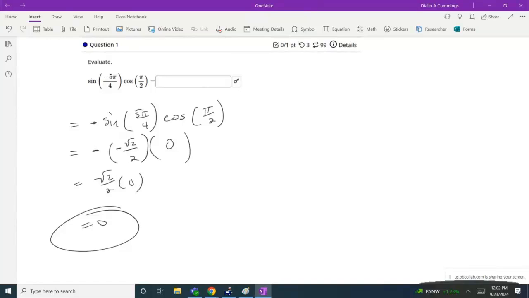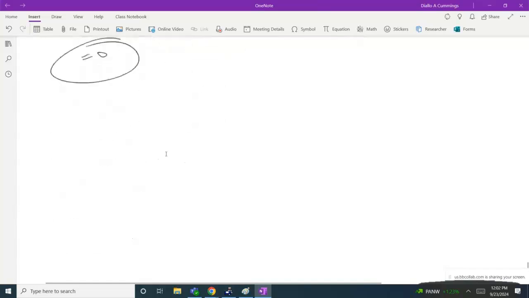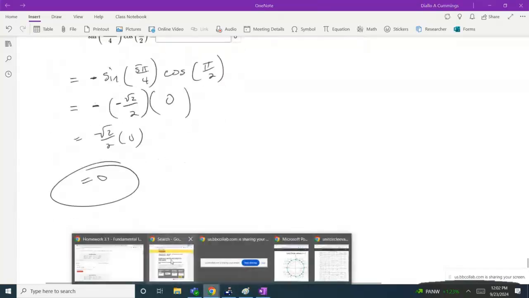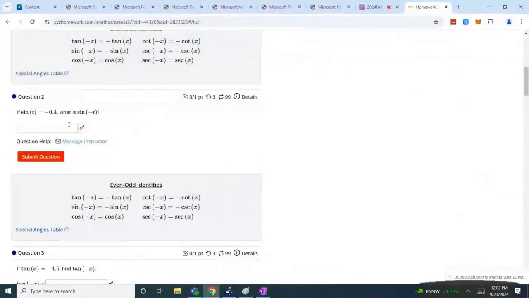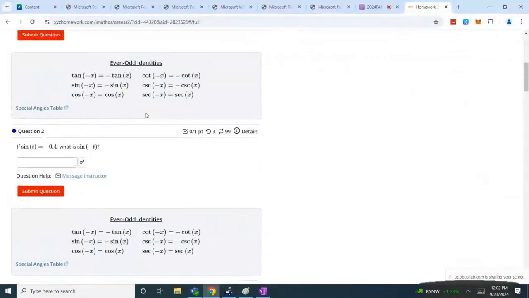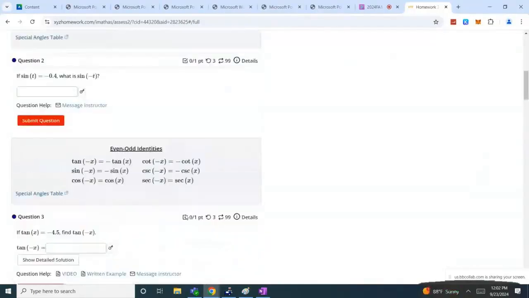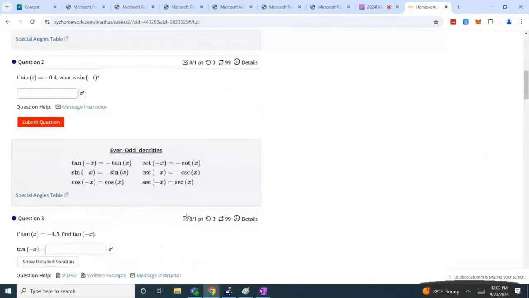So we used the negative number identity to rewrite the sine of a negative angle as negative times the sine of a positive angle. And then we'll take a look at a couple more, like problem number 2. Let's see if I can get all of this on the screen.